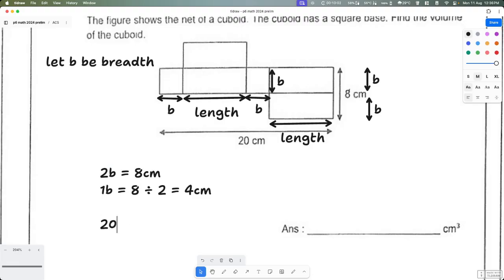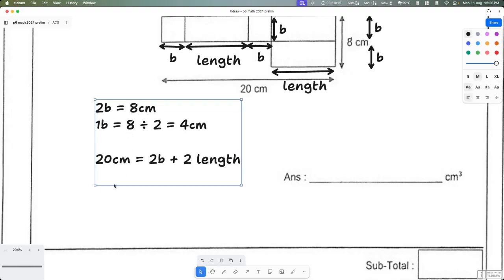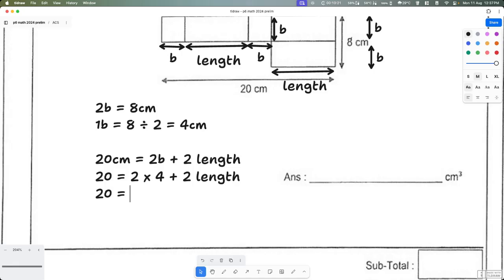So 20 centimeters is equal to 2B plus 2 length. We know B over here, so we can say that 20 is equal to 2 times 4 plus 2 length. So 20 is equal to 8 plus 2 length.